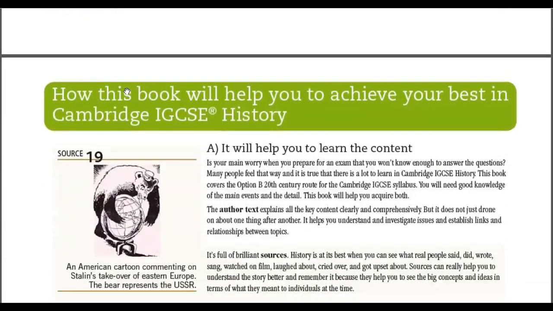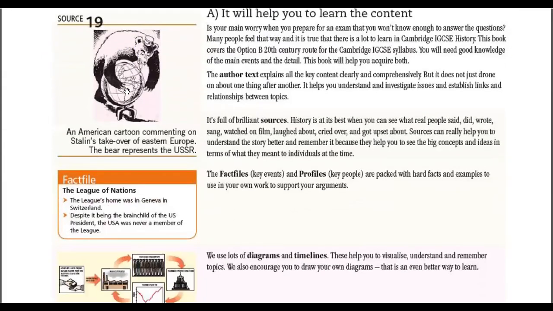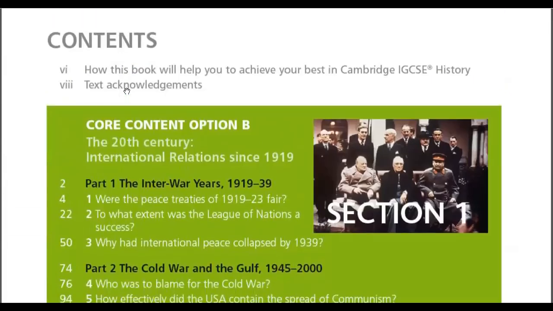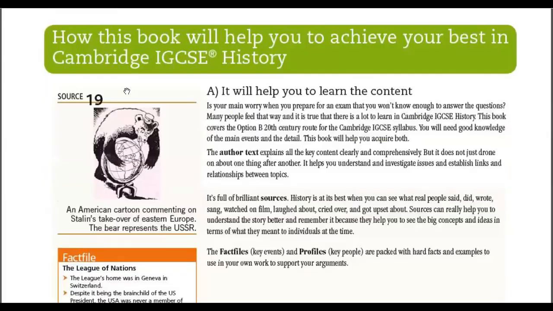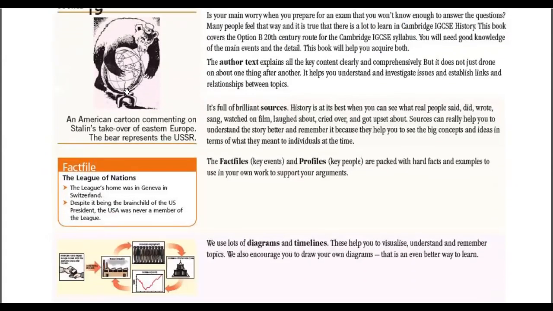But firstly, let us look at what this book helps us to achieve. This book will help us to know what this content that we read now is about. The author's text explains what. Also, it has full important sources.